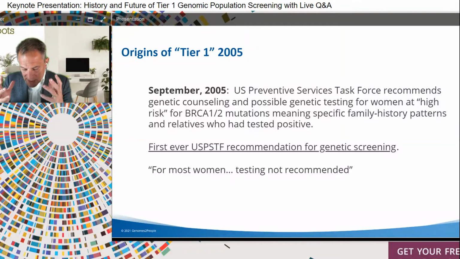And this sort of mentality permeated clinical genetics, which is that genetic testing is expensive and it's problematic and it has a lot of risks associated with psychological distress and potential privacy and discrimination. So we should really, really reserve it for those people who are at the highest risk by virtue of their family history or a known relative.